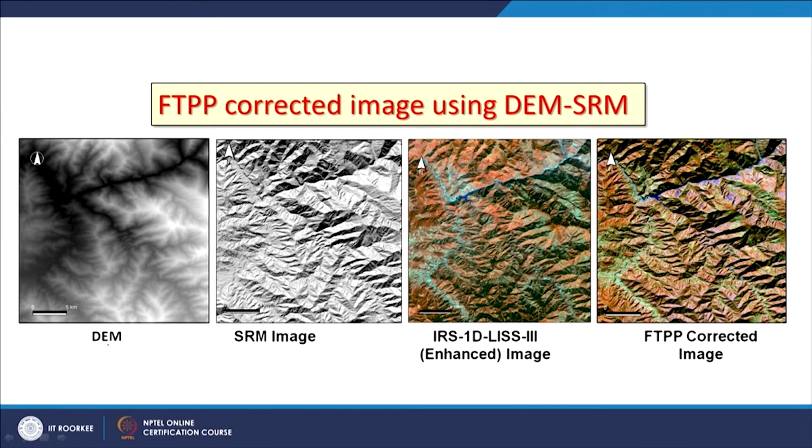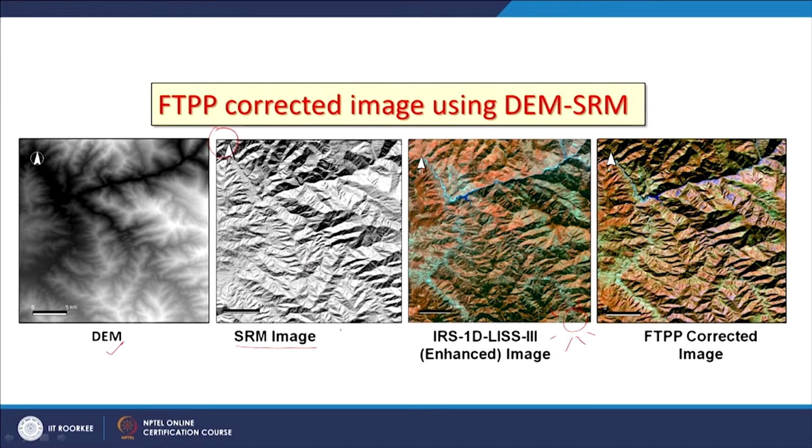On the first left, you are seeing a digital elevation model, which is completely featureless, or bare. Then you are seeing a shaded relief model or hillshade. So illumination has been added from the northwest direction. This image is of course suffering from FTPP, where the illumination source is here.